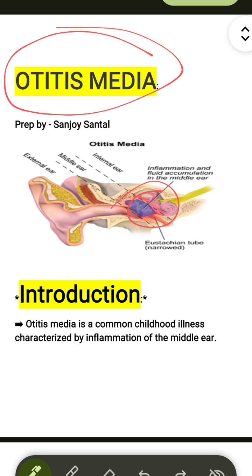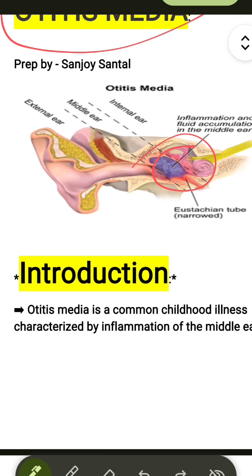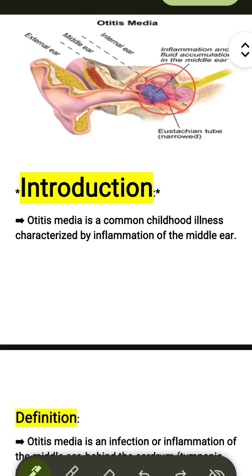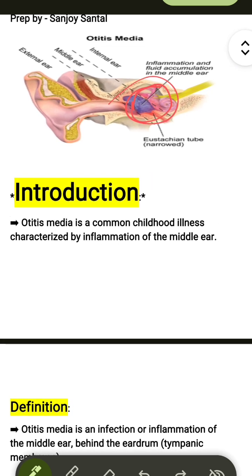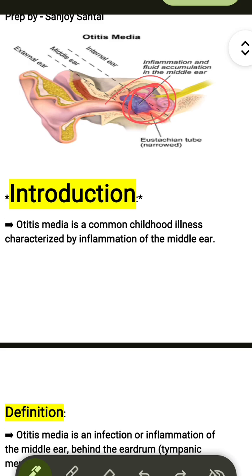Otitis media is an infection or inflammation of the middle ear, which is the air-filled space behind the eardrum or tympanic membrane that contains the tiny vibrating bones responsible for transmission. In this area, inflammation and fluid accumulation will be there in the middle ear.